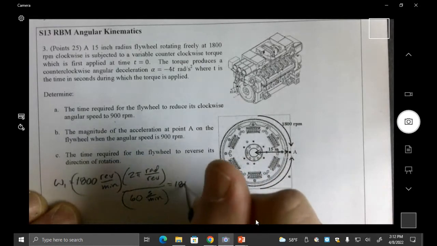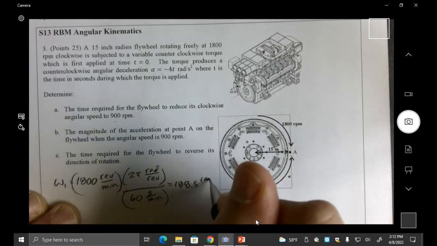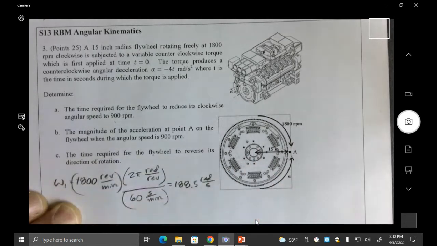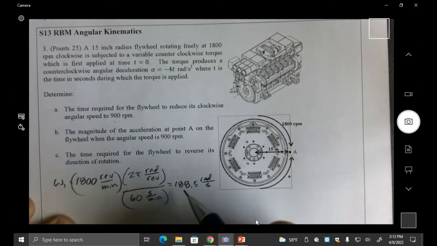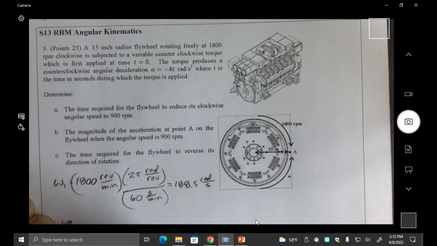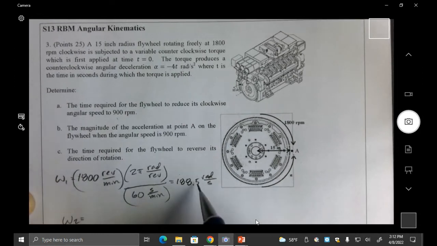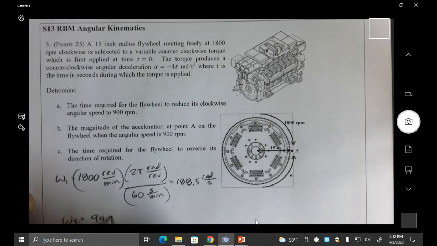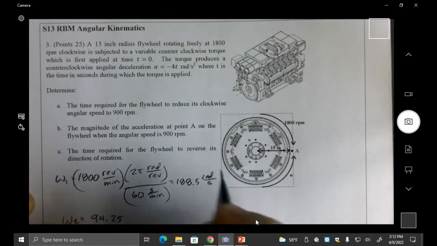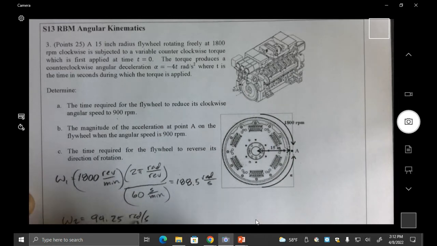And we get 188.5 radians per second. Same thing for omega 2, but you could just divide it by 2, so we don't have to write the whole thing out: 94.25 radians per second.